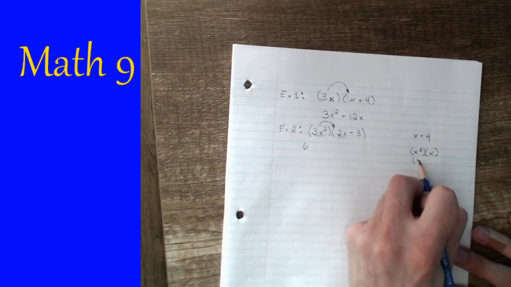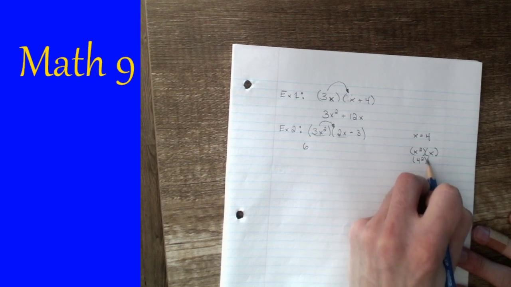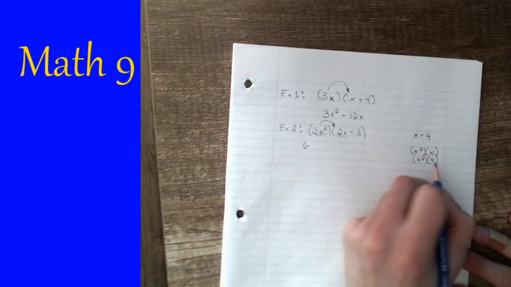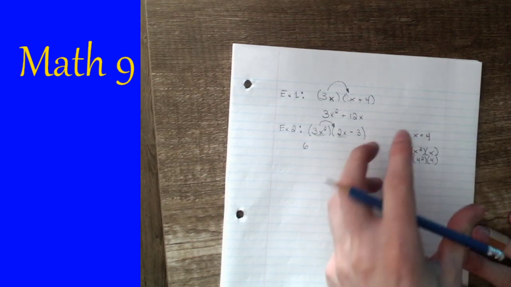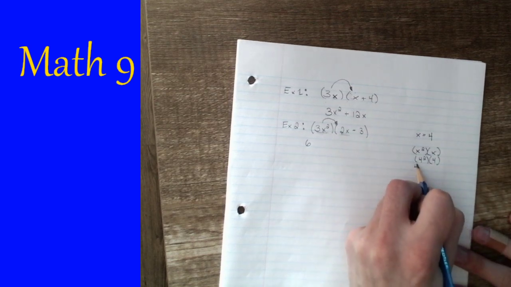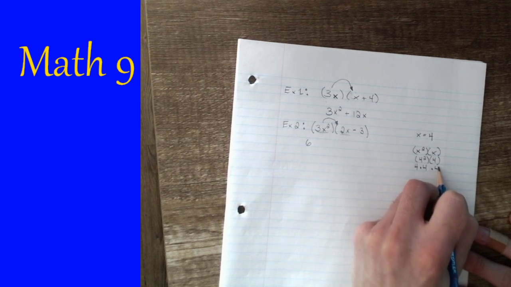So now we have 4 squared multiplied by 4. If we expand it all out, we have 4 squared is 4 times 4, and then we have another multiplication of 4. Well, that's 4 cubed.